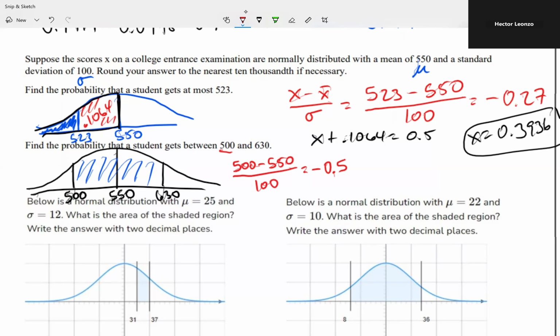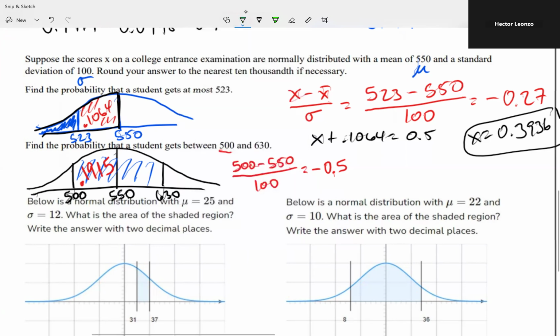Makes sense. When I look at my table, 0.5 gives me 0.1915. Notice how that's part of my area. Cool. Let me find the other one.